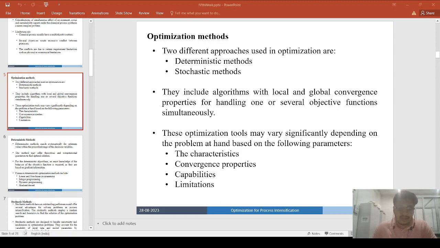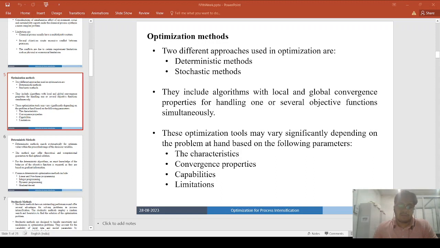And there might be certain limitations also that you might want to avoid. So certain algorithms you will avoid because of the limitations they pose, and you do not want to include such limitations in your study. So choose wisely what sort of algorithm you want to use to perform the optimization for your chemical process plant.